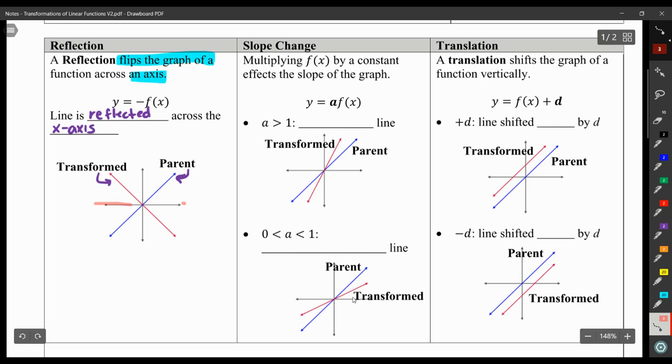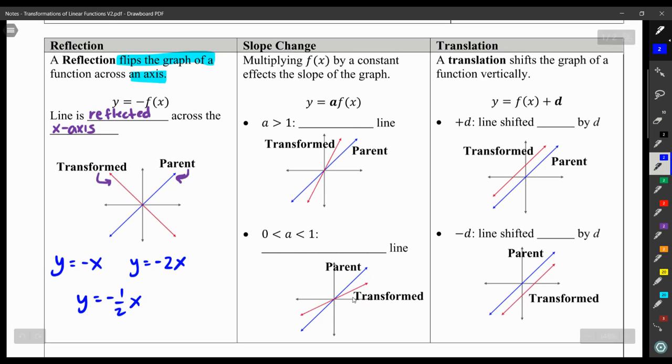If I were to put a mirror on this axis, I would get the red one off of the blue one. Basically, this means you make the slope negative. So y equals negative x, y equals negative 2x, y equals negative 1/2 x. Each one of those is an example of a reflection from the parent function.